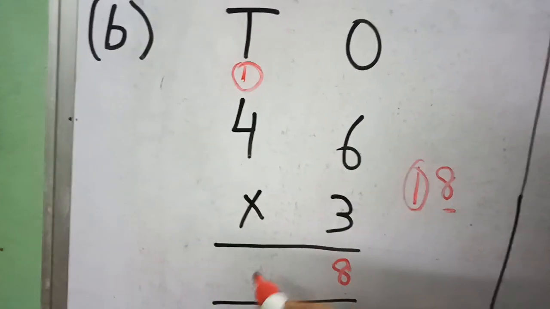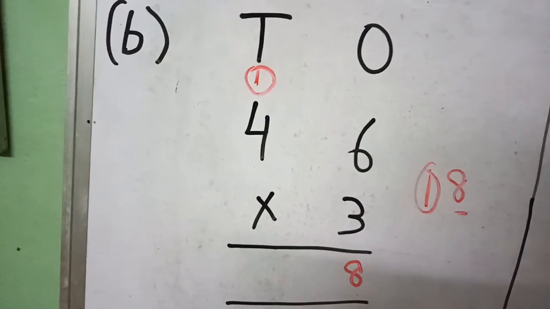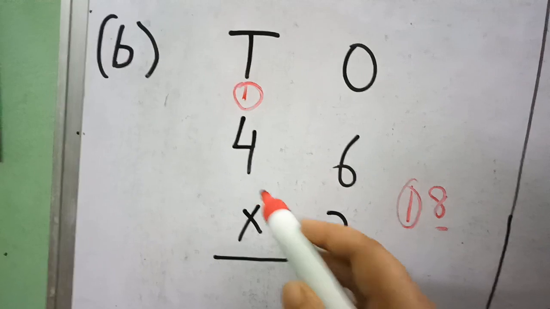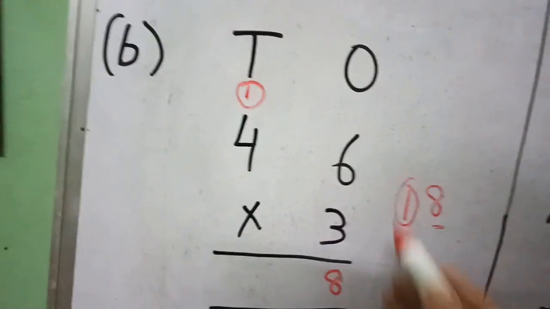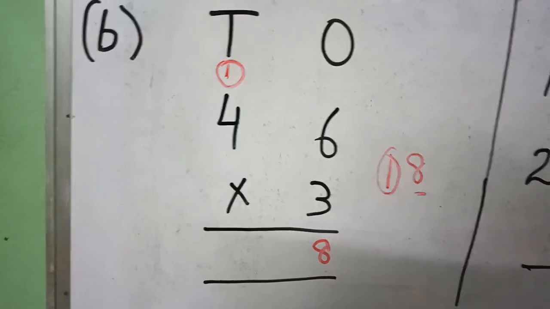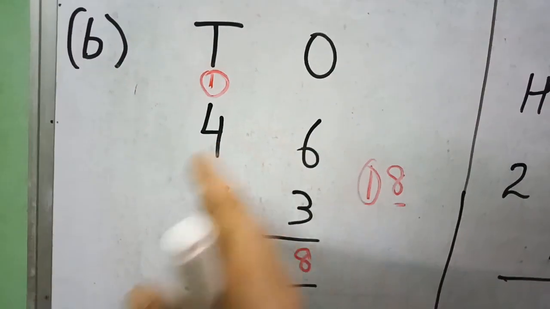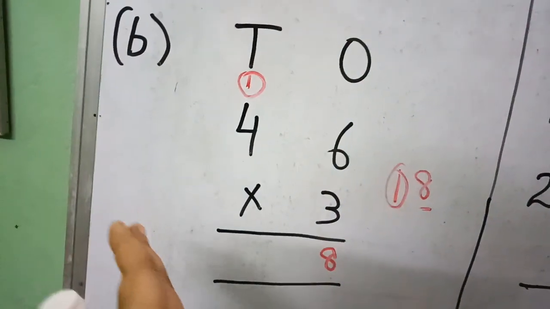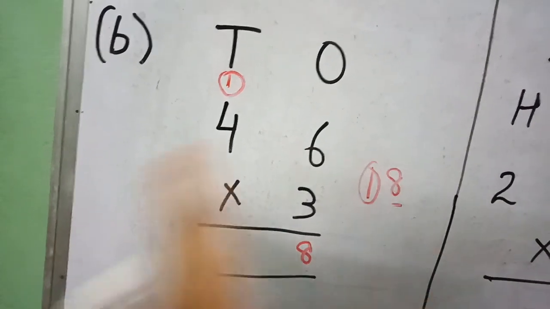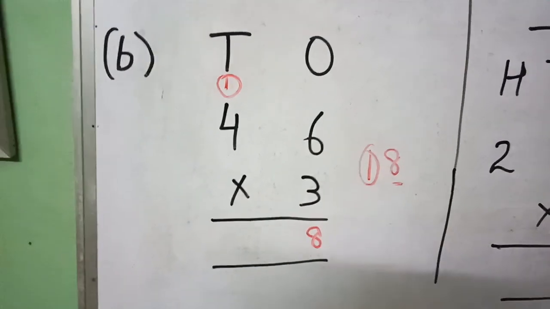In the second step we always solve the tens. So first we solve the ones and then give the carry to the other, right? We always start from our right side, from ones, and then go left, then left. If there is 100 we go left, and if there is a 4-digit number we will go on to 1000, right?